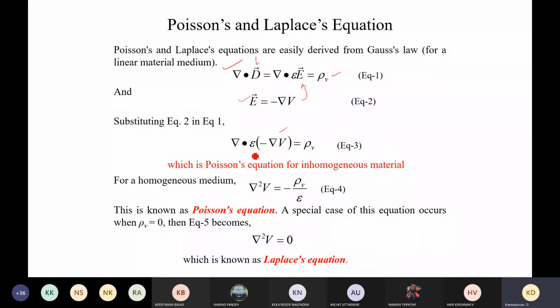And here we are considering an inhomogeneous material. If it is a homogeneous material, then you can take epsilon out, because epsilon becomes independent of the XYZ axes. So you will get epsilon del square V, with a negative sign, which is nothing but the charge density itself. For example, if you take some water, that is a homogeneous material and this equation applies.